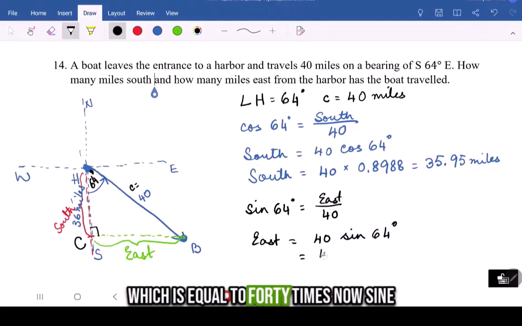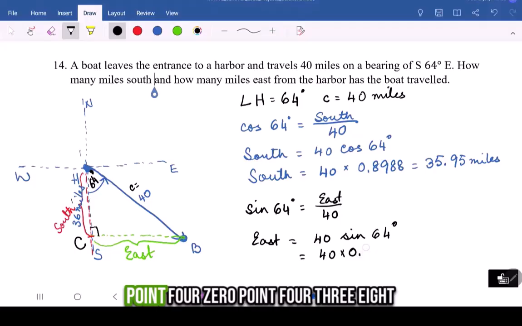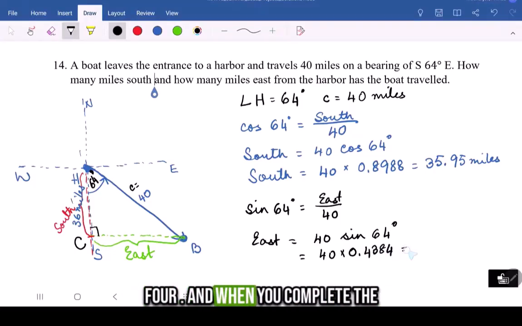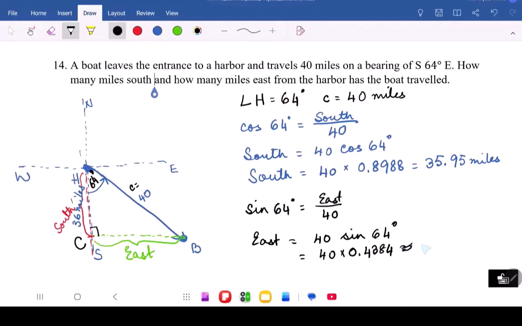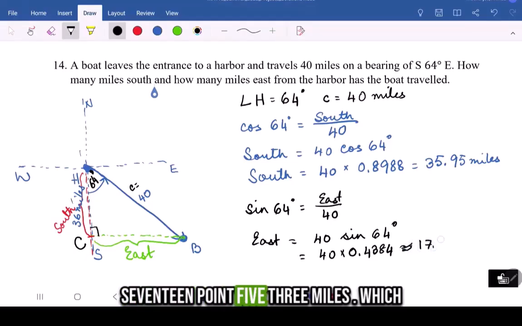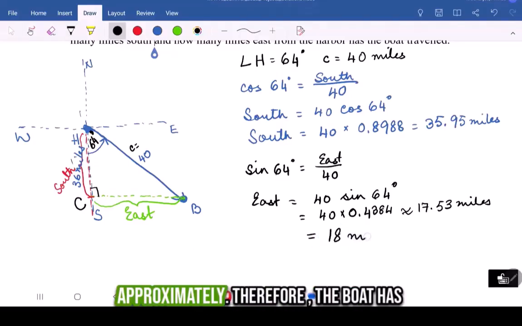Now, sine of 64 degrees is a value of 0.4384, and when you complete the multiplication, you should come up with approximately 17.53 miles, which can be rounded up to 18 miles approximately.